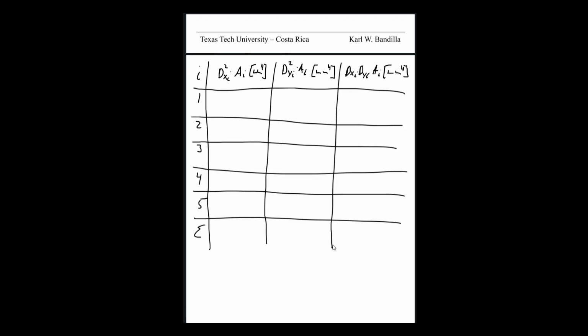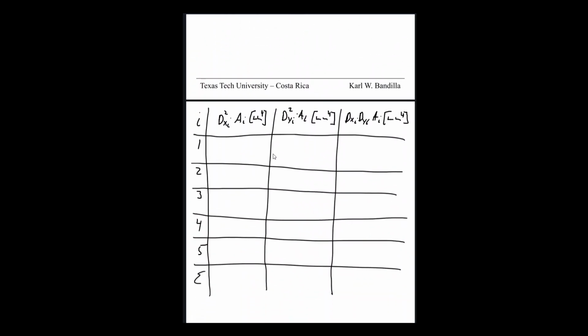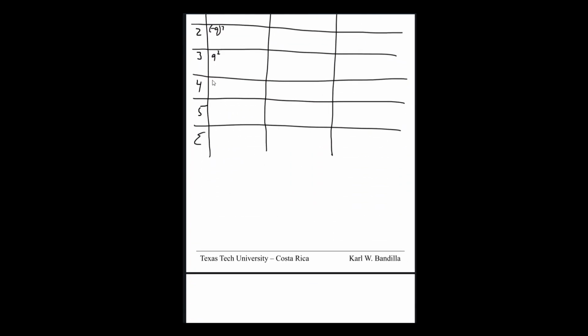There and there. Now we need to find our dx's. dx was 0, minus 9, 9, minus 7, 7. So it was 0 squared, minus 9 squared and 9 squared, then minus 7 squared, 7 squared.